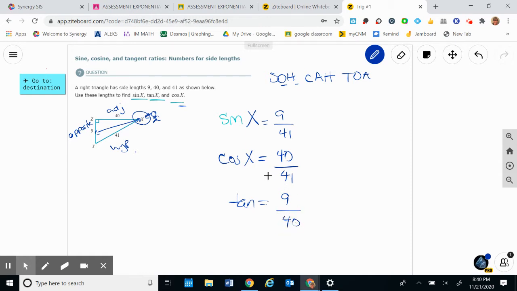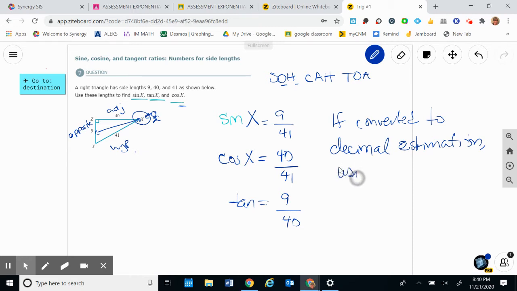Now, I am assuming that you will want to just put these ratios in as they are. We sometimes convert to decimal. Remember, this is exact. Once we convert it to decimals, it's an estimate.